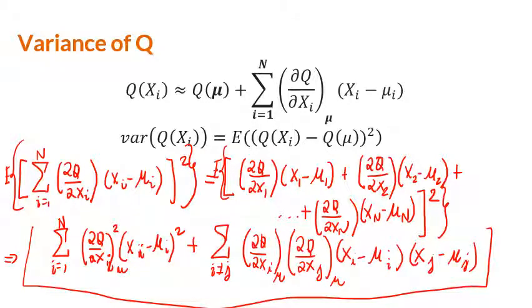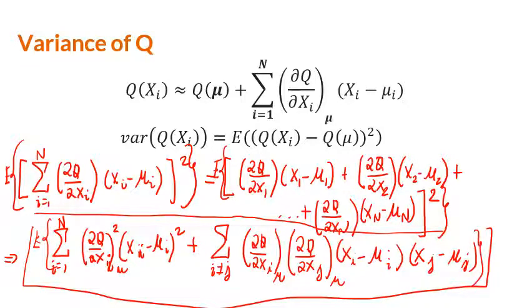Now, if you evaluate the expectation value ng buong to, okay, class, pag in-evaluate mo expectation ng buong to, itong cross terms natin na ito, they will cancel each other out.